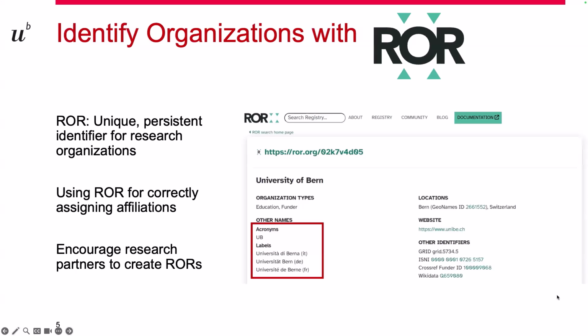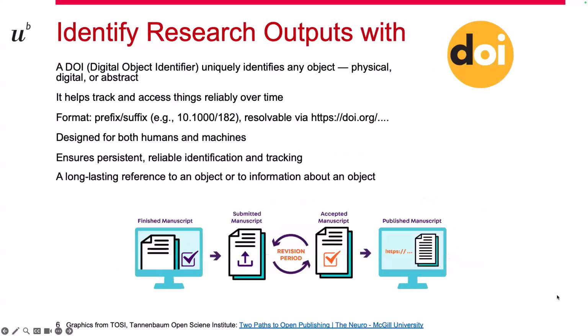Right, so we've heard about people, we've heard about organizations, and now let's go to the smallest level and talk about research output itself. As an example, you can think about all the different versions that a single research article exists in.